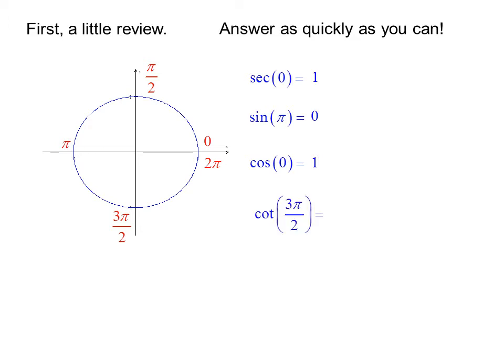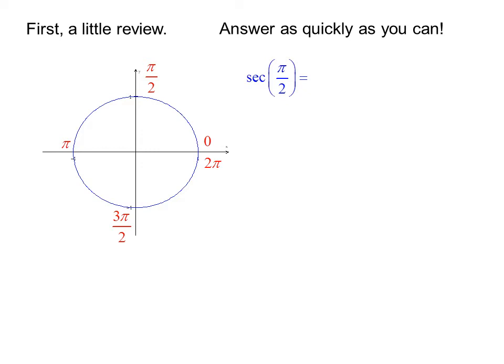Cotangent 3 pi over 2 is 0. Cosecant 3 pi over 2 is negative 1. Secant 3 pi over 2 is undefined. For each of these, find the spot on the unit circle, think about the definition of the function, and you should be able to find the value of the function.